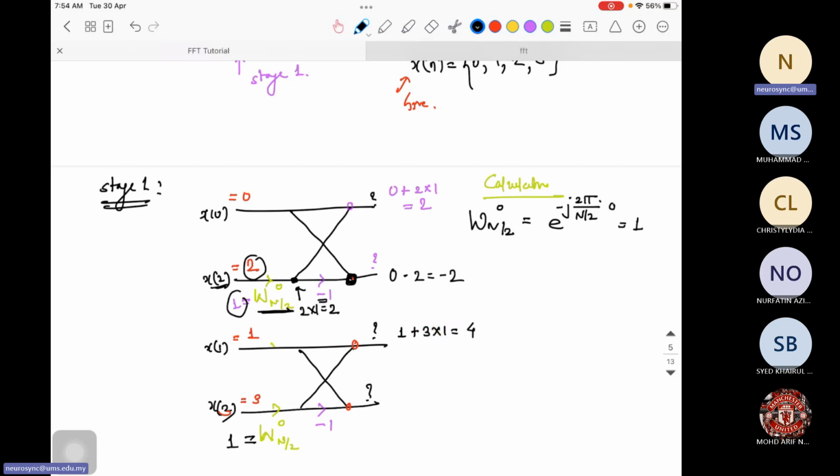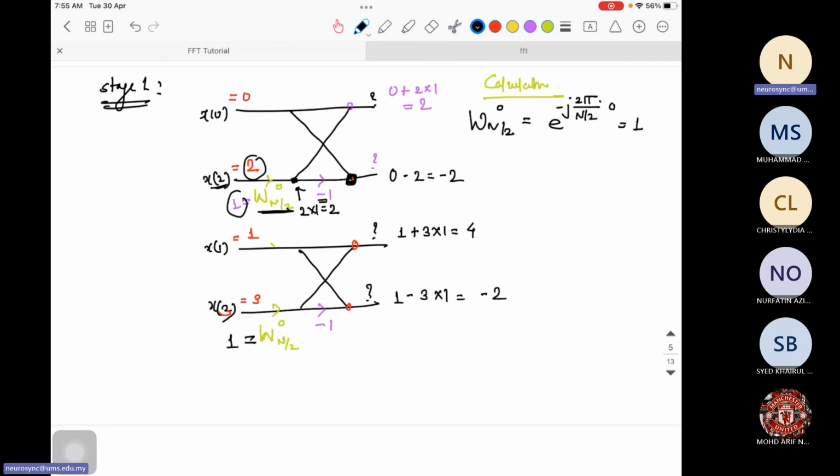And the second value? Negative 2. 1 minus 3 into 1, correct? That is minus 2. Yes, it is correct.